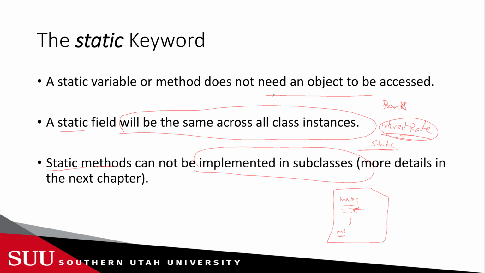When we declare the method as static, we can access it right away from the main method. And if we declare a field or a variable as static, it's going to be the same across all objects from that class. And if we declare a method static, it cannot be implemented in subclasses, which means we cannot change the implementation of the method in the subclasses if we declare it as static.